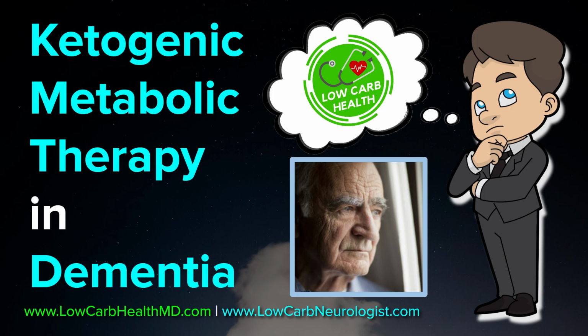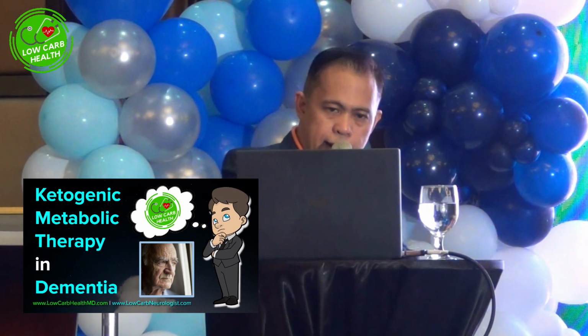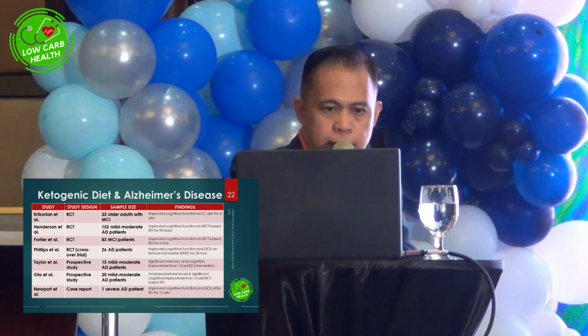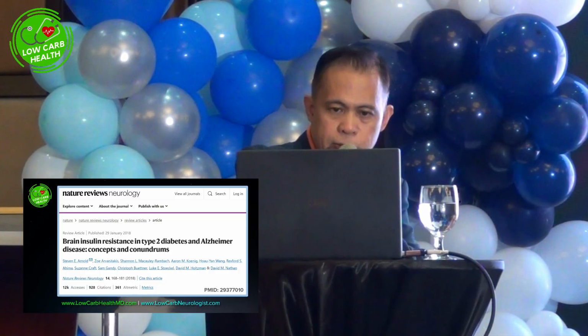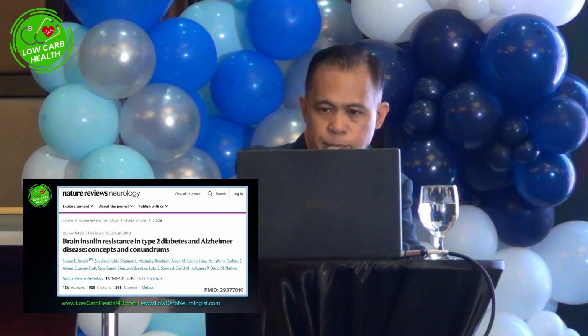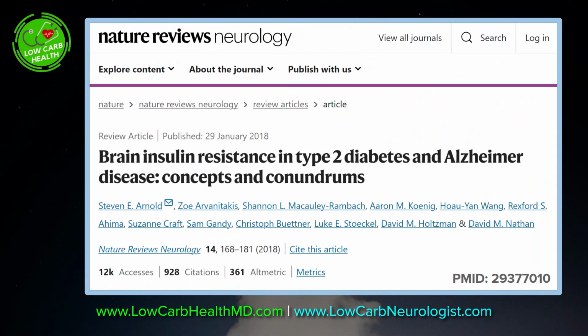So what about dementia and Alzheimer's disease in particular? There are already a number of randomized controlled trials. One is by Matthew Phillips and collaborators. In this paper, brain insulin resistance in type 2 diabetes and Alzheimer's, it is a conundrum still, but we have to understand this conundrum so that we can apply it in our practice.